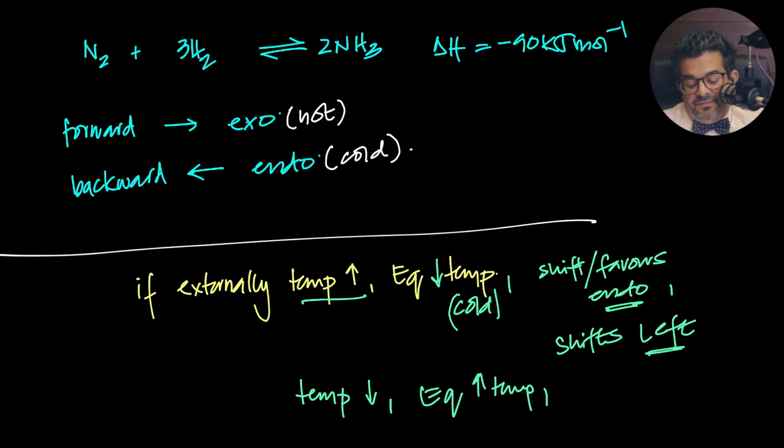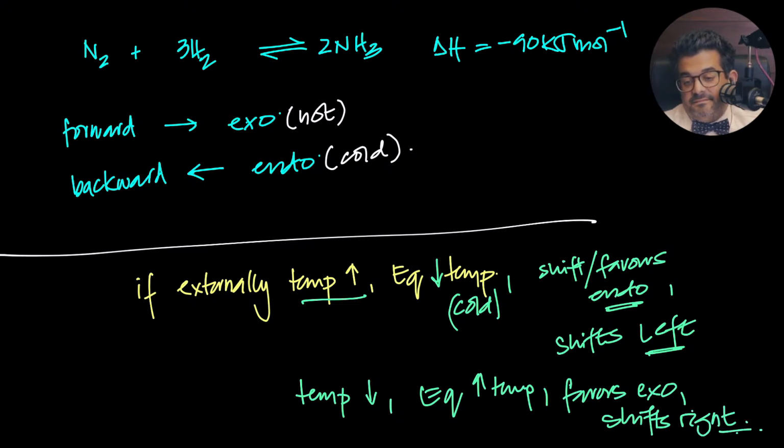So decreasing temperature means that system favors exo, meaning shifts right, forward. So far okay? So that's what you need to just do. Literally, that's what you need to do.